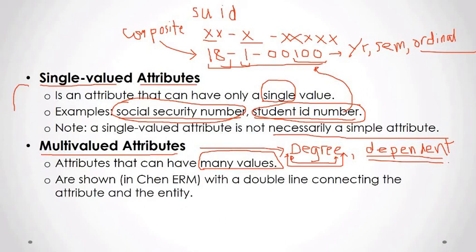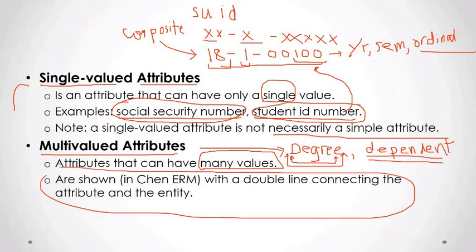So if you think that an attribute can be classified as a multi-valued attribute, then this is how you are going to show it on the diagram.